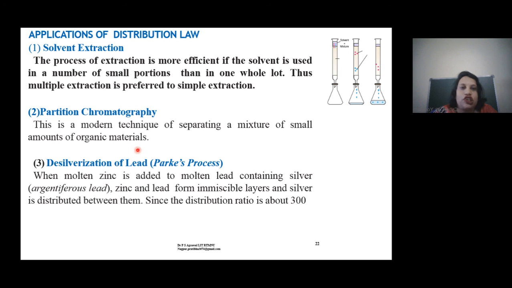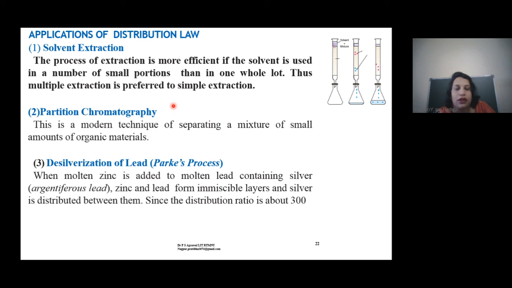The aqueous solution is shaken with an immiscible organic solvent, ether, benzene, or the like, in a separating funnel, and if the distribution ratio is in favor of the organic solvent, most of the organic substance passes into the ether layer, and the ether layer is separated and distilled off. The organic substance is left behind. The process of extraction is more efficient if the solvent is used in a number of small portions than in one lot. So we have already proved that multiple extraction is preferred to simple extraction.